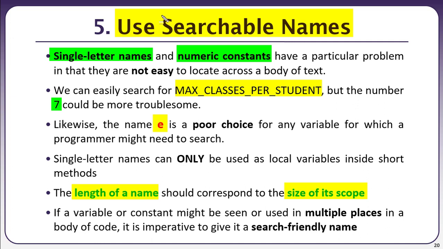The name should be easily searchable across the code because you will be dealing more with that variable as compared to a variable which has a smaller scope or which is a local variable of a function, for example.